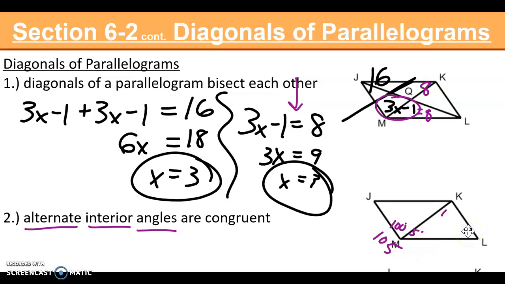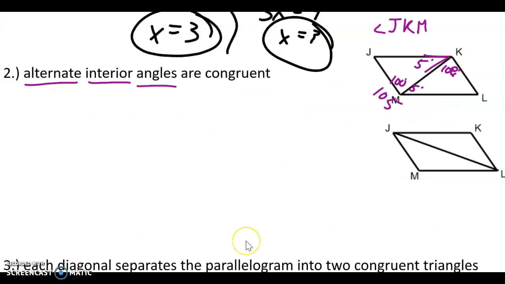It is 5. That means the alternate interior is going to be 100. So that one becomes 100, and this one, JKM, becomes 5 degrees. Due to this rule, if you have x plus 5 over here, it's equal to the alternate interior angle, which is, in this case, 100.